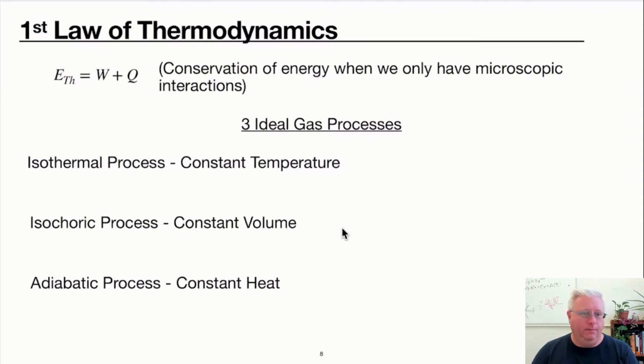Now, there are three ideal gas processes that are important when we're dealing with these microscopic interactions. The first one is the isothermal process, where we have a constant temperature. So the temperature doesn't change, and what that means is that the thermal energy doesn't change.